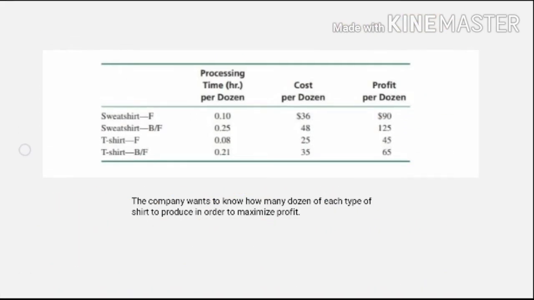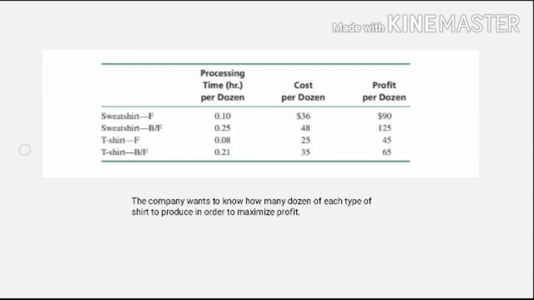For a better understanding and view of the scenario, here's the overview of each unit cost per dozen and profit per dozen for each type of shirt. Also already stated there is the processing time per dozen. So, gaano ba katagal gawin yung isang dozen ng shirt or sweatshirts? First here, we got the sweatshirt that has a front print only.